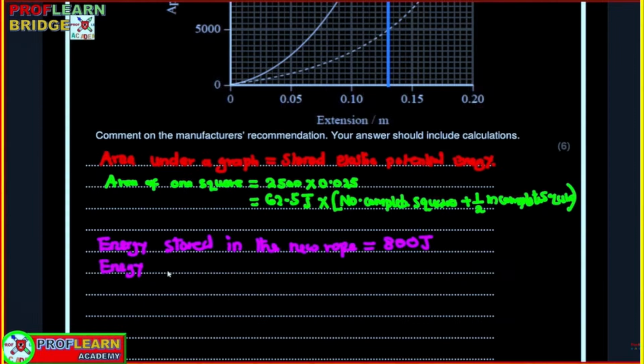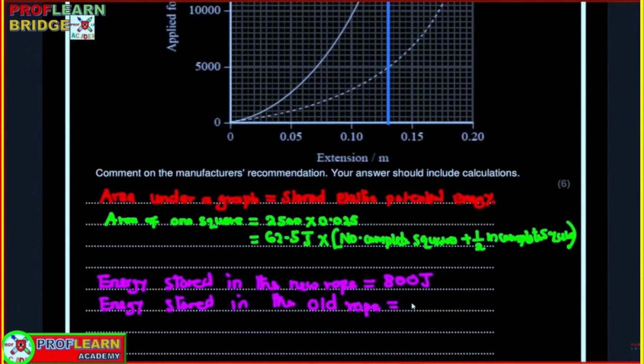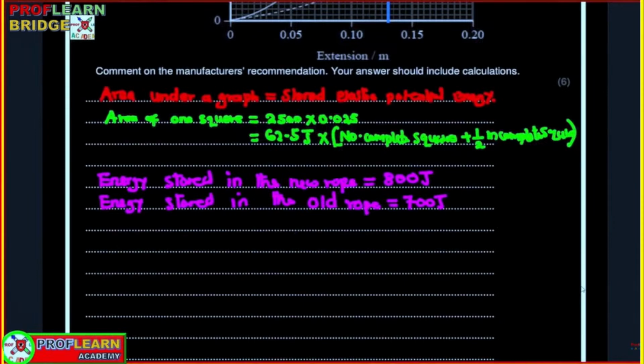And energy stored in the old rope is approximately 700 joules. So you realize that the energy now stored in the new one is more than the old one. Meaning that if you apply a small amount of force on the old one, it's likely to break.